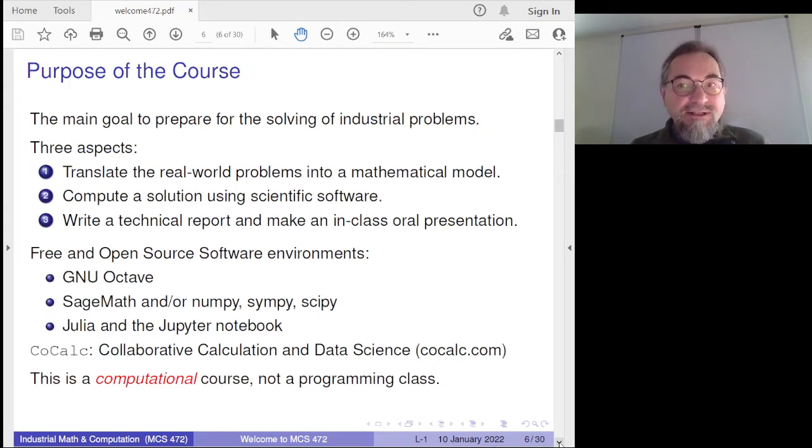There are three aspects of this, and again, for the three aspects, you are strongly encouraged to work in teams. So there is the translation or the selection of the mathematical model. What are the assumptions? What are the parameters? Then there is also the selection of the proper scientific software.